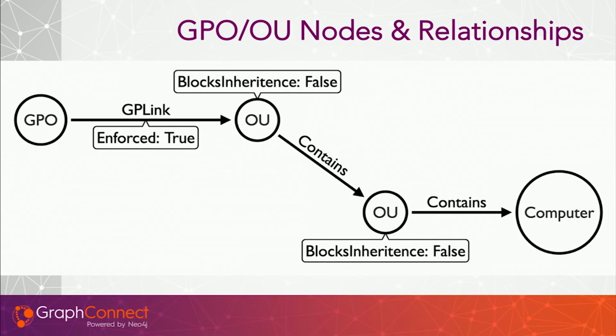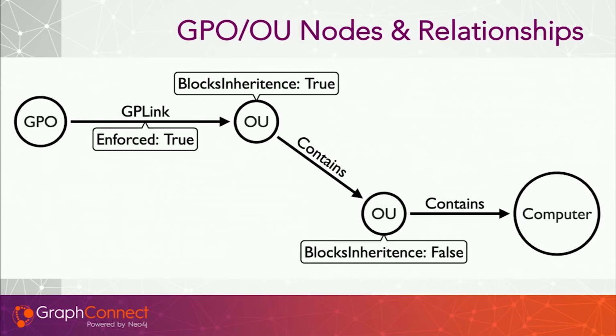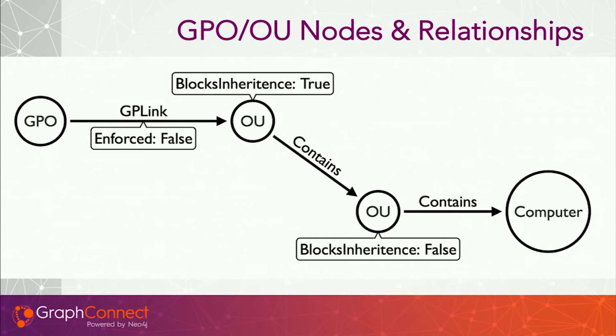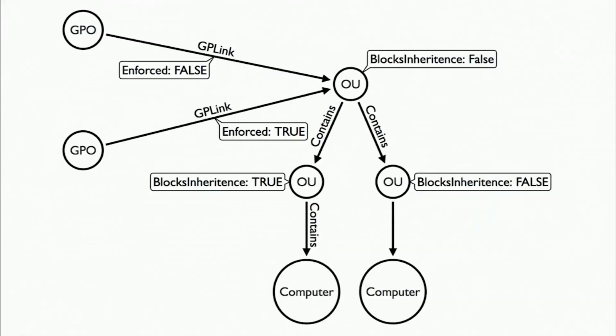For OUs, they can have a block inheritance parameter, which can be true or false, Boolean. If the enforced edge is false and the block inheritance property on the OU node is true, then the GPO does not apply to the computer at the very tail end. It gets blocked.